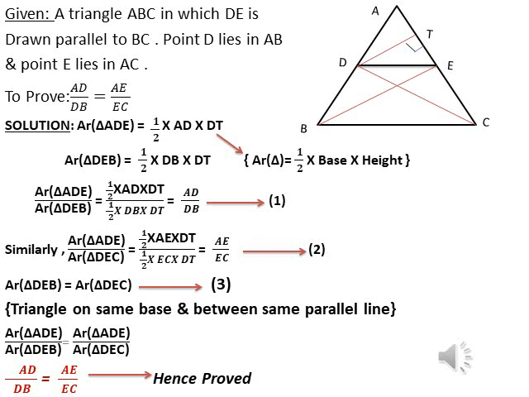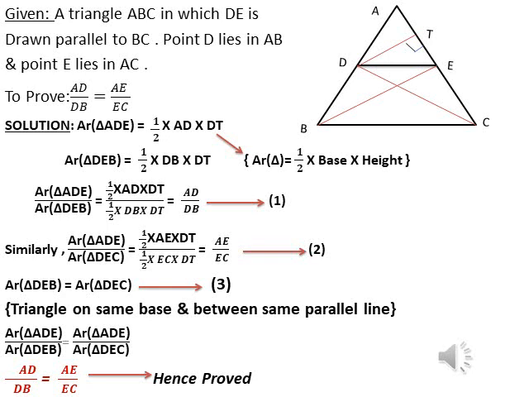So half into AD into height DT. Now we'll go to the second triangle, triangle DEB. In triangle DEB, again half, then base we will consider as DB, and the same height DT. This perpendicular we will consider as the height.